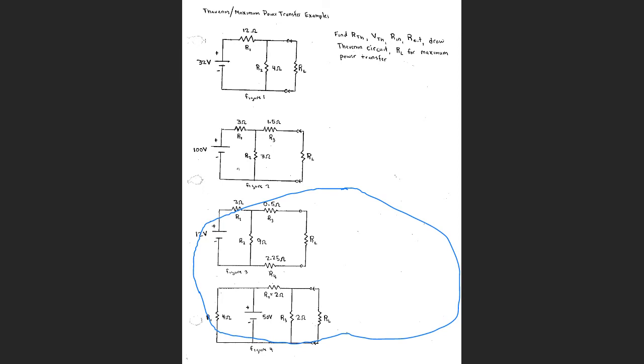All right, let's take a look at this problem. What did you get? Anybody get a value for RN? What did you get for RN? 6 volts. 6.